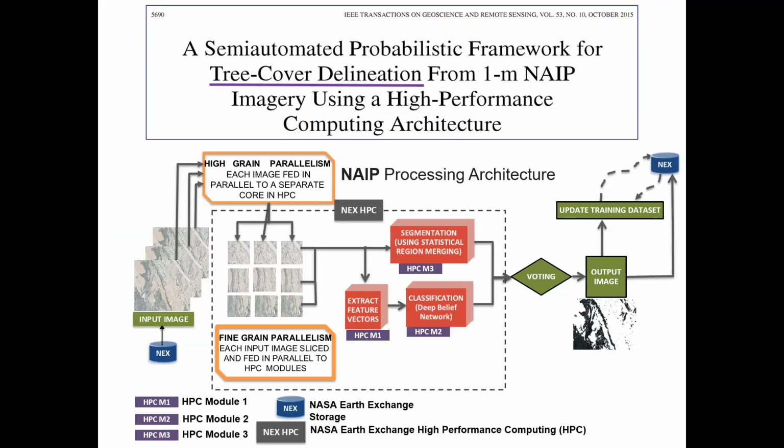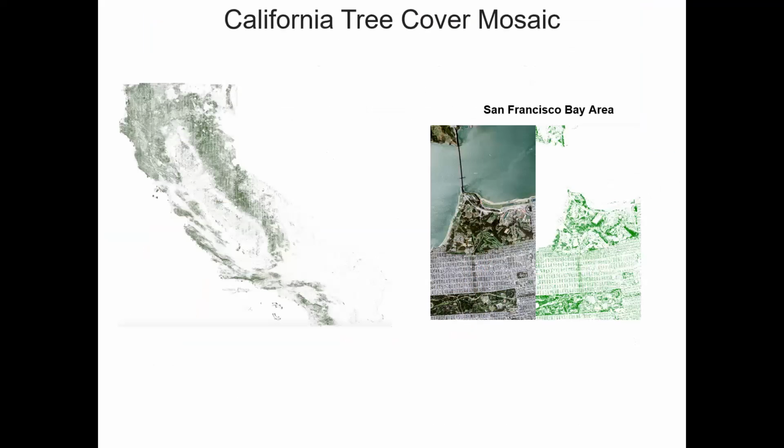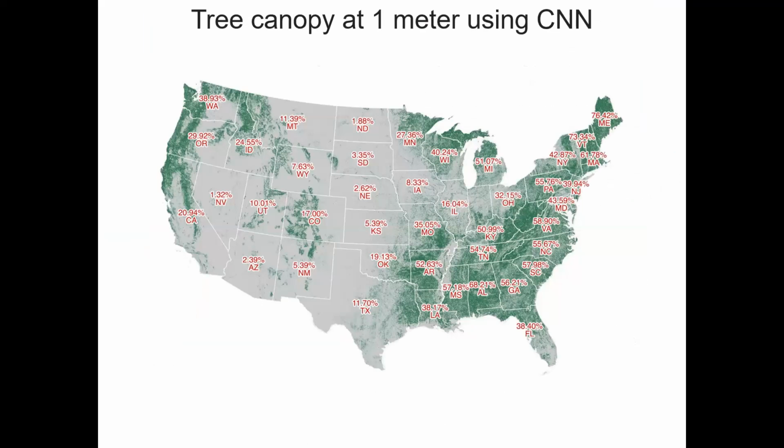And for this, again, we had close to 450,000 scenes to be analyzed. As you can see, individual trees are being classified using CNN, and the distribution of tree cover across different states is obtained from that output.